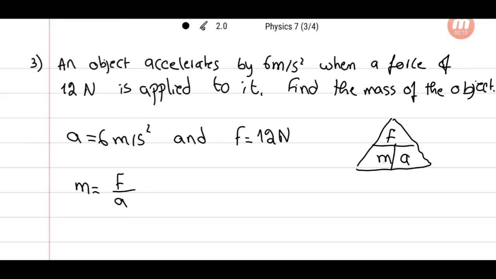So mass is equal to force divided by acceleration, which is 12 over 6, equals 2. Mass is in kilograms. So mass equals 2 kilograms.